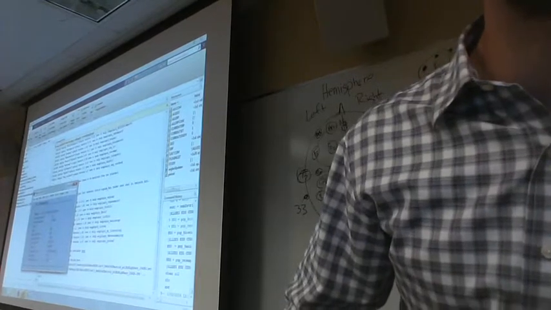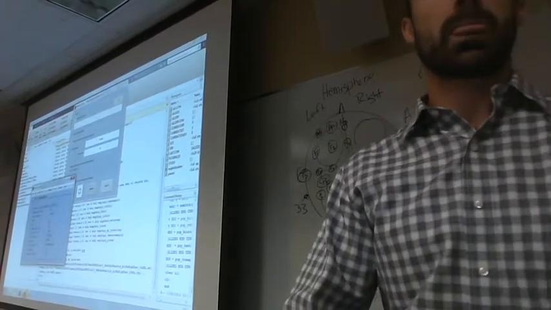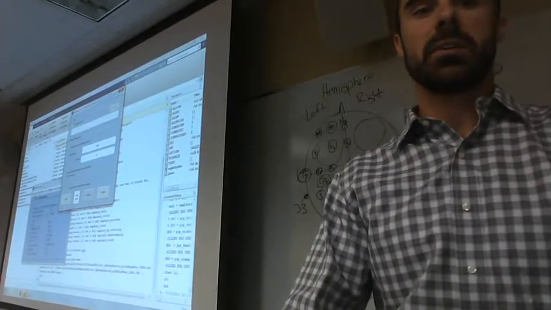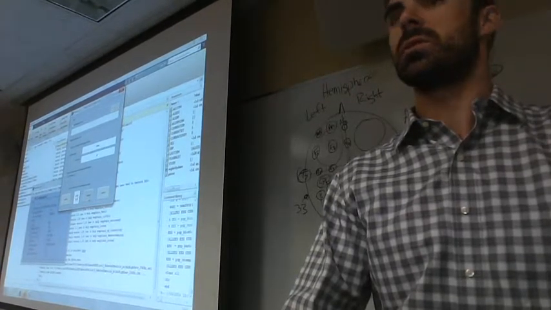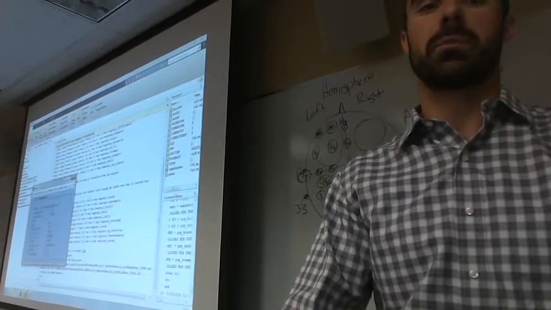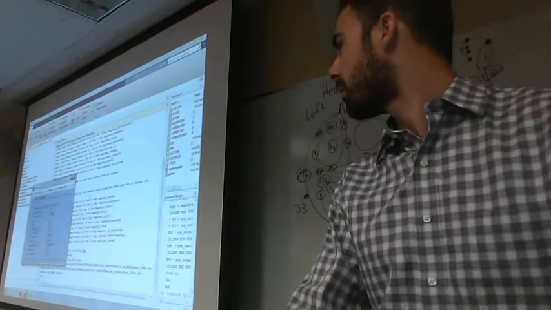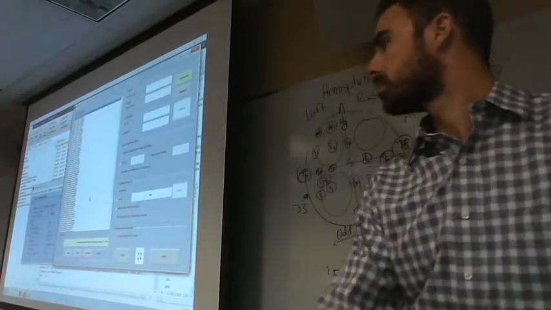Something will come up here in a minute. Okay. Now what I want to do in this GUI is hit the button in the middle here that says Advanced. So hit that one that says Advanced, and it's going to bring up something in a minute. I'm sorry, what did you say? Advanced. Yes.